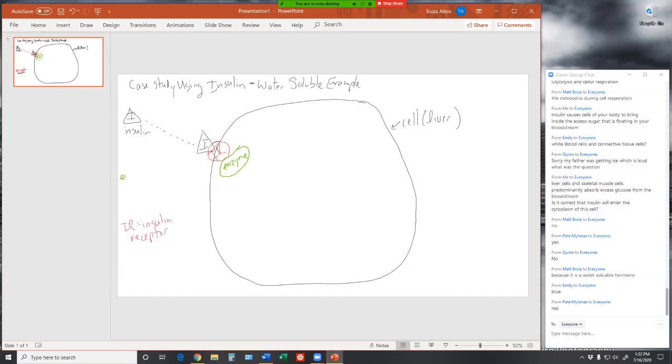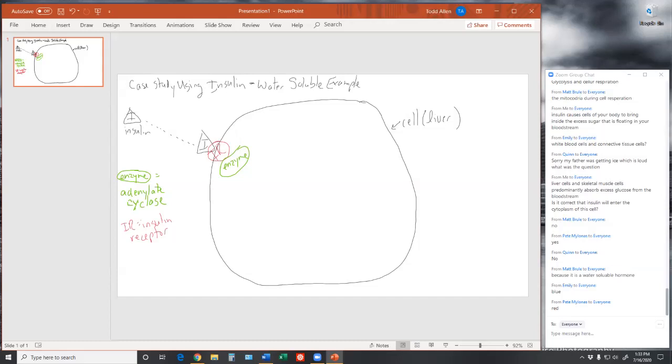The enzyme has a kind of a fancy name. It's called adenylate cyclase. ADENYLATE. That's the first word. The second word is CYCLASE, adenylate cyclase. That's the name of the enzyme.